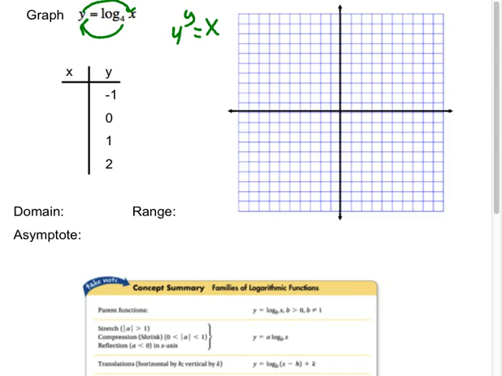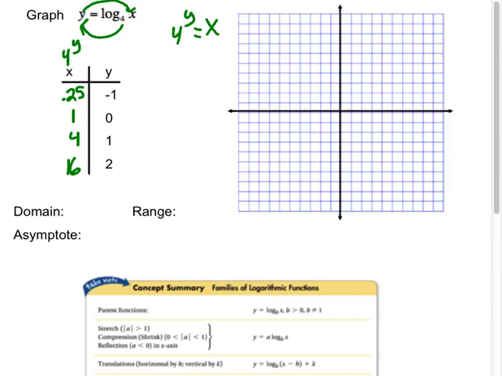Because now this x right here is actually calculating those 4 to the y's. That's how I'm finding the x's. Now I'm inputting y's to find x. So let's do it. Let's start at -1. 4 to the -1 power is 1/4 or 0.25. 4 to the 0 power, well, anything to the 0 power is 1. 4 to the first power is itself. 4 to the second is 16.